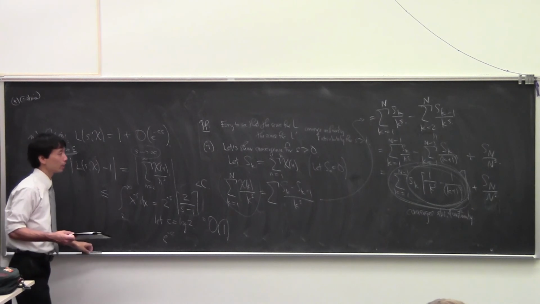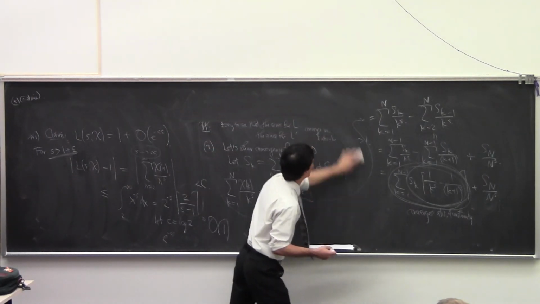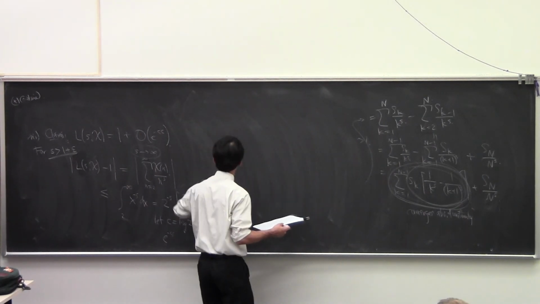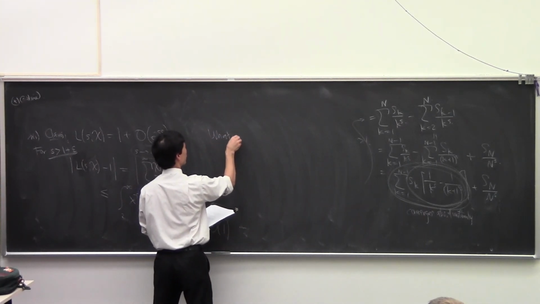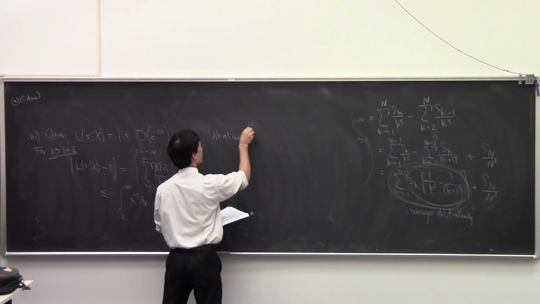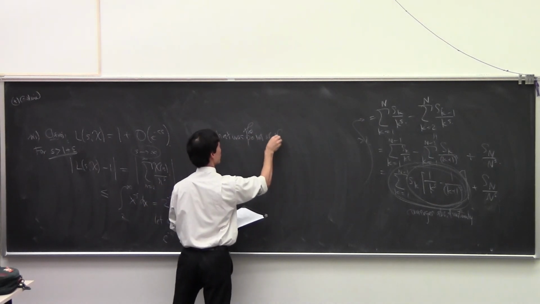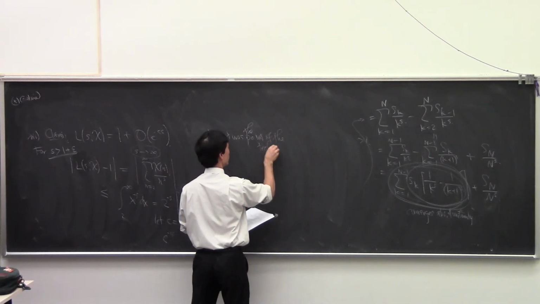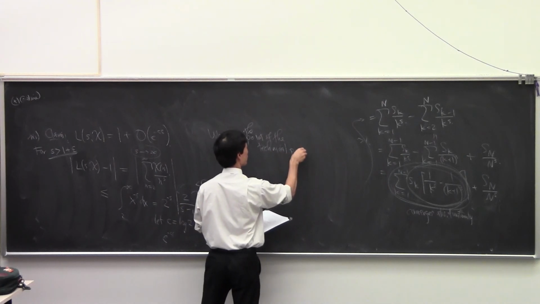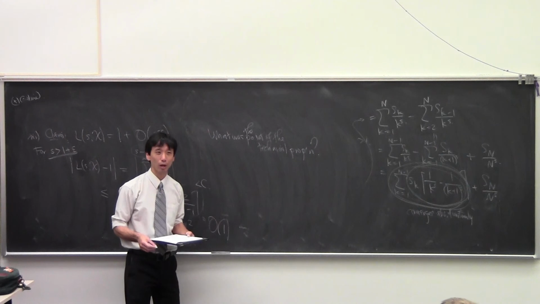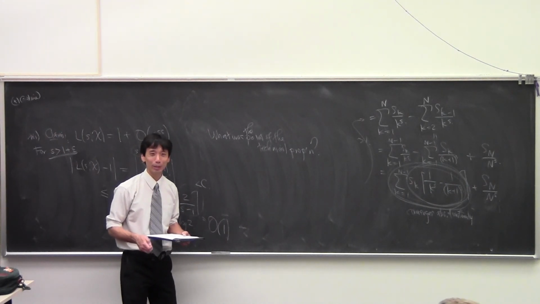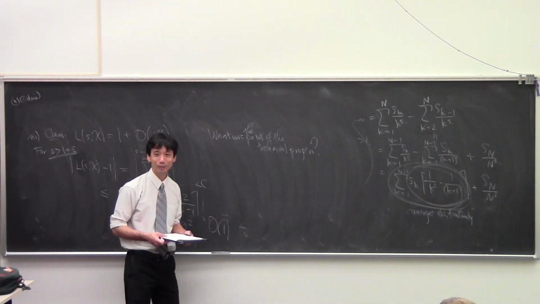So what's the point of all this? What was the point of the technical proposition? It's so that we can actually define the log of the Dirichlet L function.